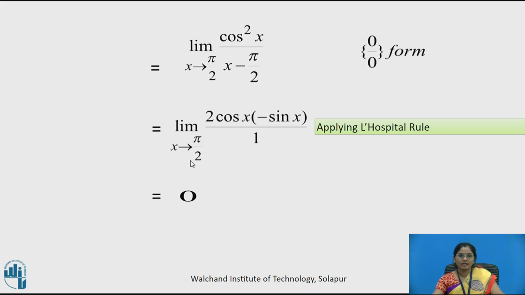Now applying the limit: 2 into cos pi by 2 into minus sin pi by 2. We know that cos pi by 2 gives you always 0, into minus sin pi by 2 is 1, and 0 into 1 divided by 1 is 0. Hence, proved. I hope you have understood.